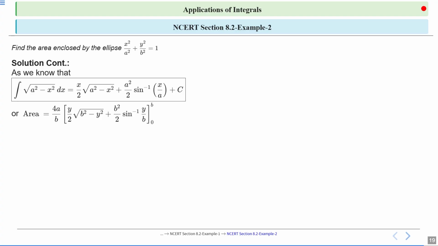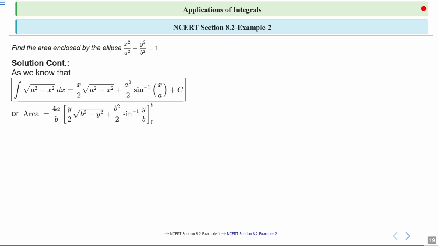From this, we get the antiderivative. So the area is equal to 4a by b times y by 2 root under b square minus y square plus b square by 2 sin inverse y by b. Here the upper limit is b and the lower limit is 0.